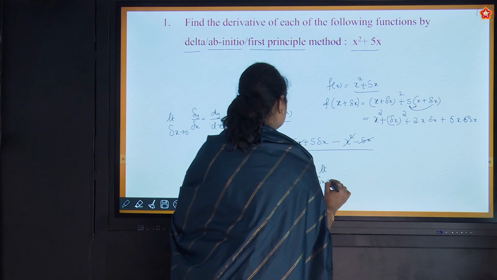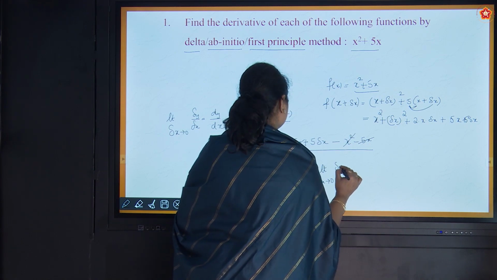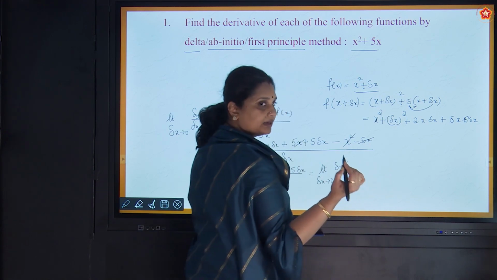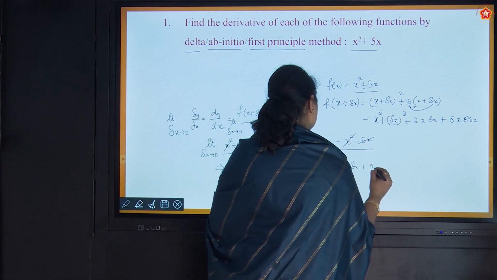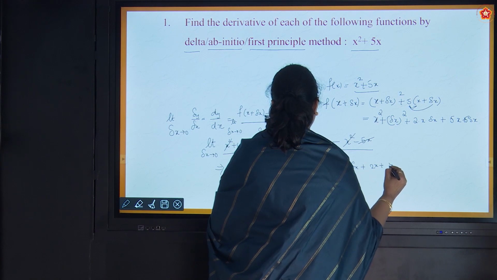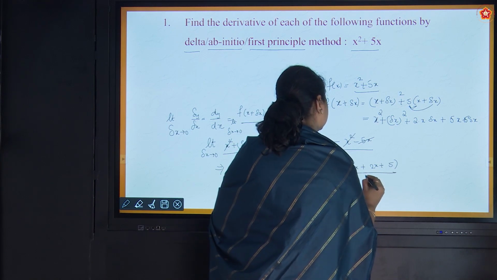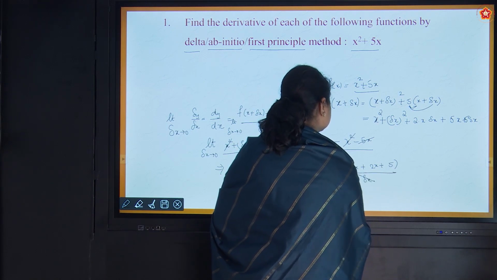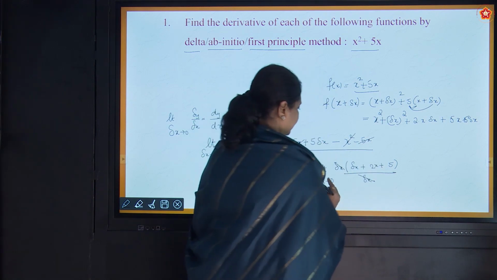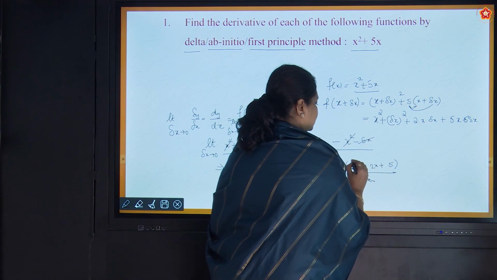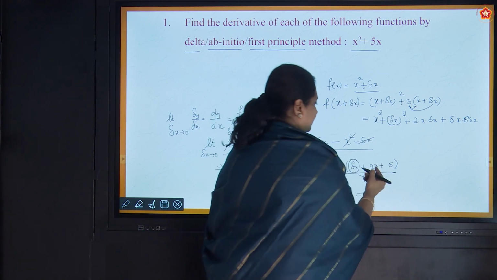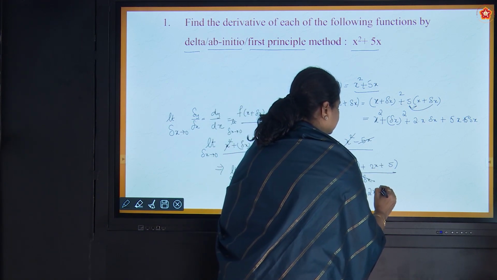Let's take it out and factorize. So delta x taken out, the first term becomes delta x plus 2x plus 5 divided by delta x. So this gets cancelled, and when I apply the limits delta x tends to 0, this becomes 0 and I get 2x plus 5.